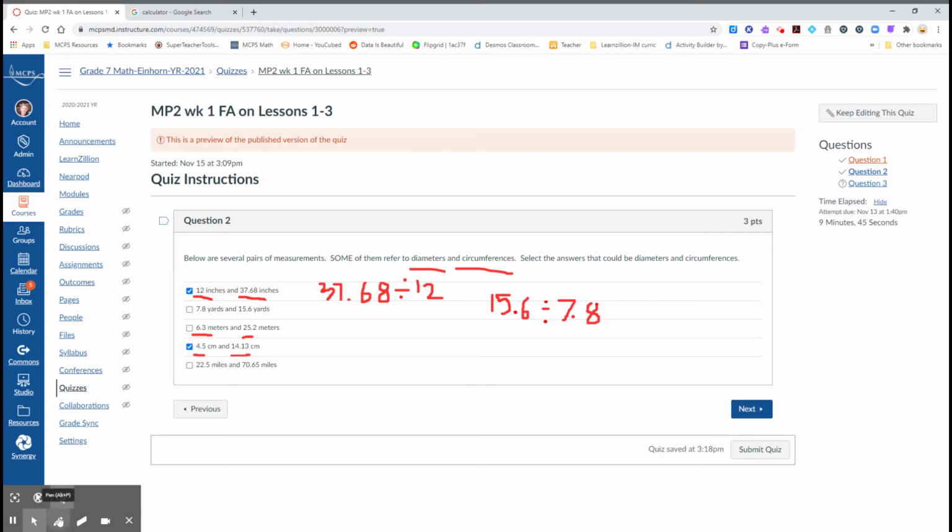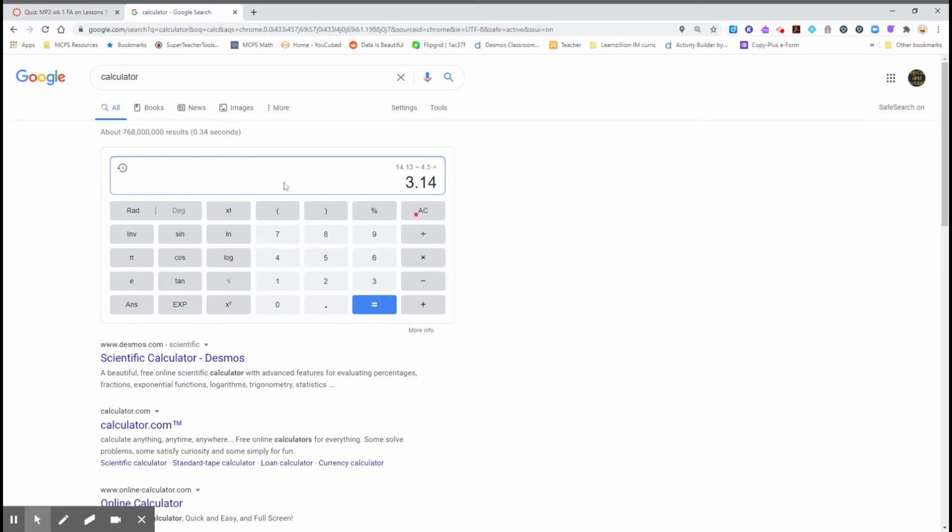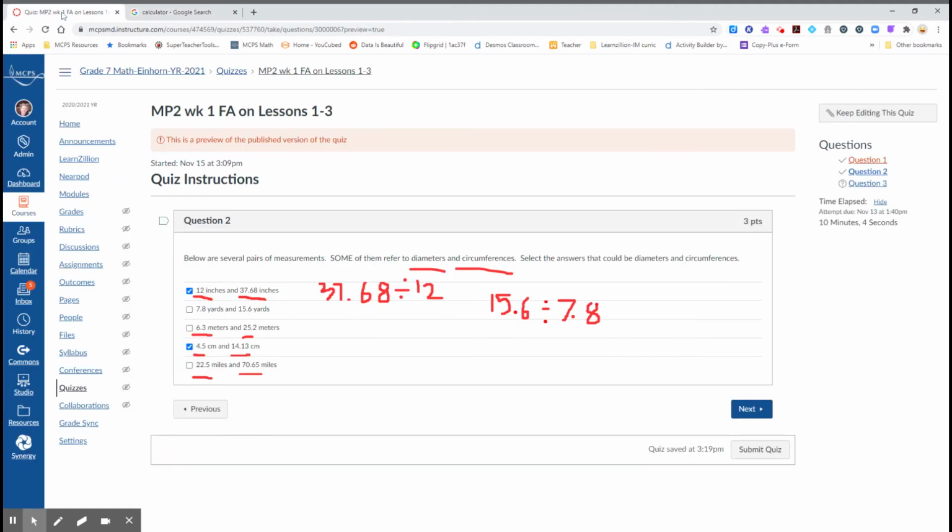And last but not least, let's check 70.65 divided by 22.5. And again, it's 3.14. So look at that. That one must be an answer too. So it's the first and the last two that are all circles. These two aren't, because when we divide from right to left, we get 3.14 only for these.